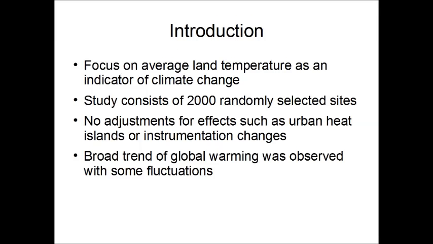The study done by the Berkeley Earth Surface Temperature Group was focused on the analysis of the average land temperature of the Earth to ascertain whether it could be an indicator of climate change.